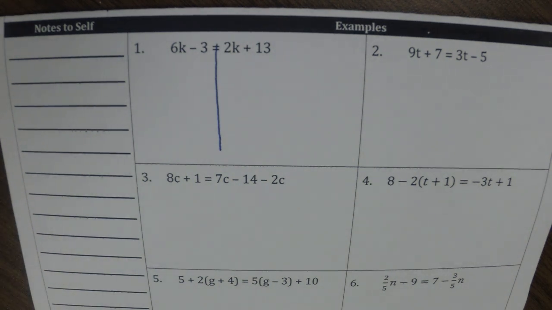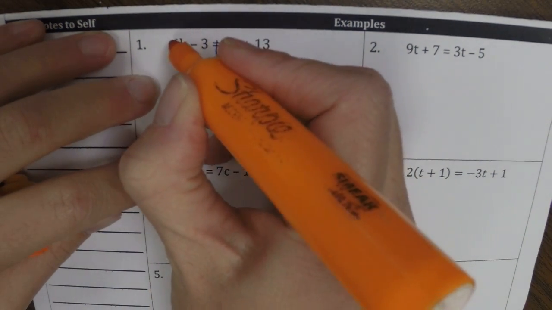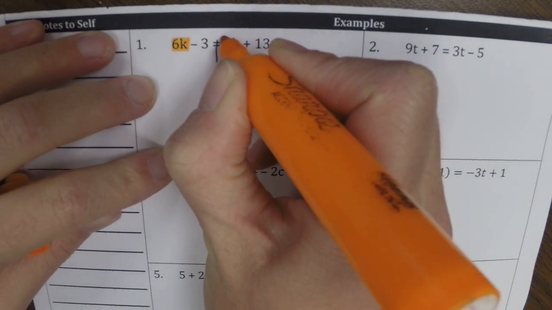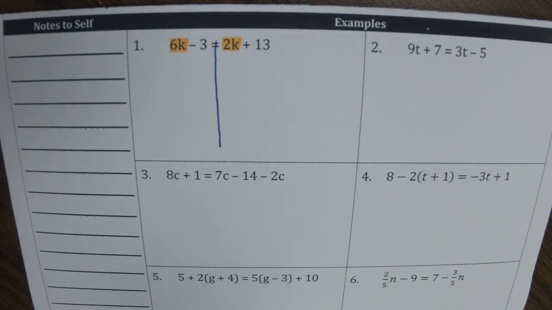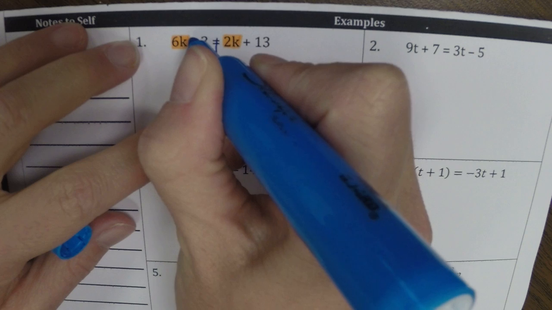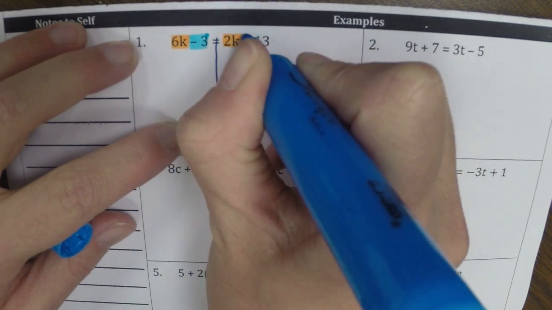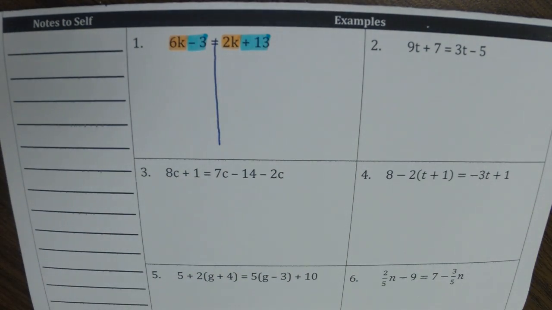Let me grab some colors here. I got an idea. To use colors, we know this and this are like terms because they both have the variable k. And we know that this and this are both constants, and so they would go together.